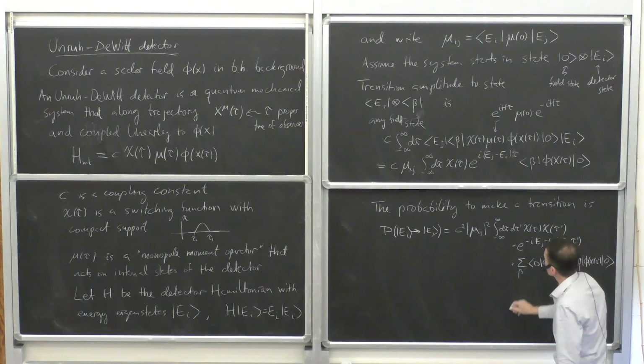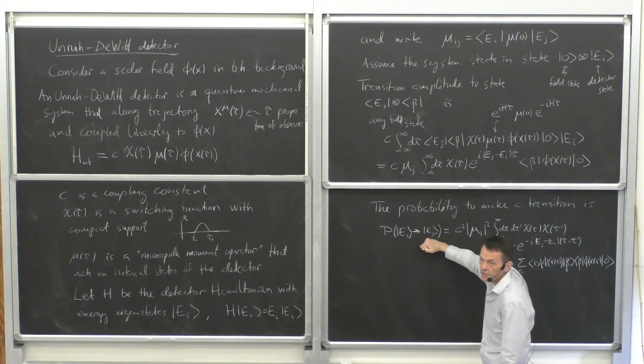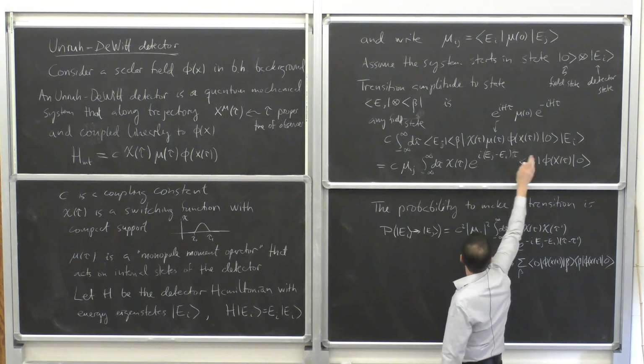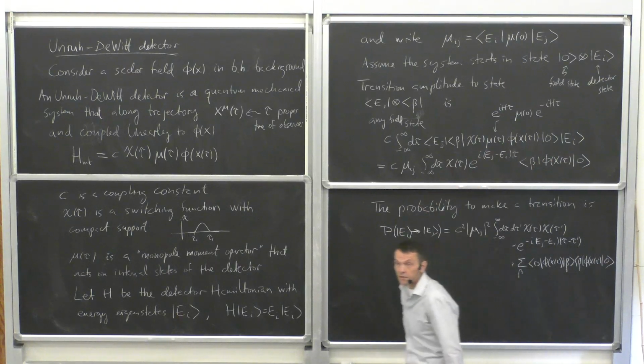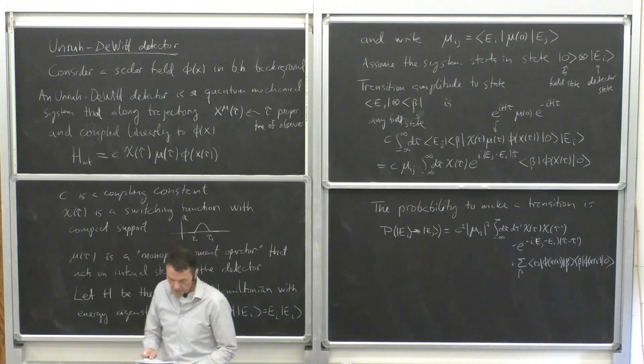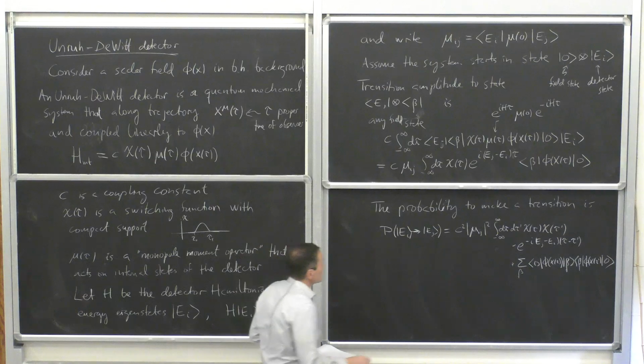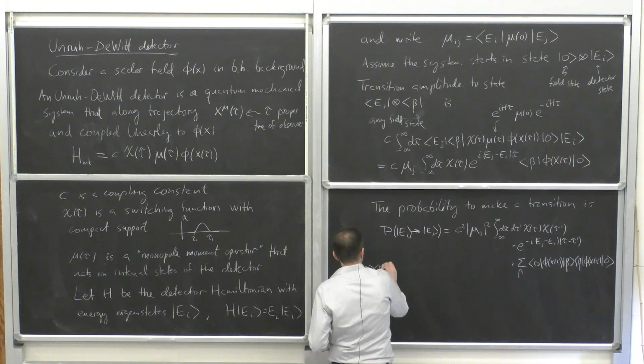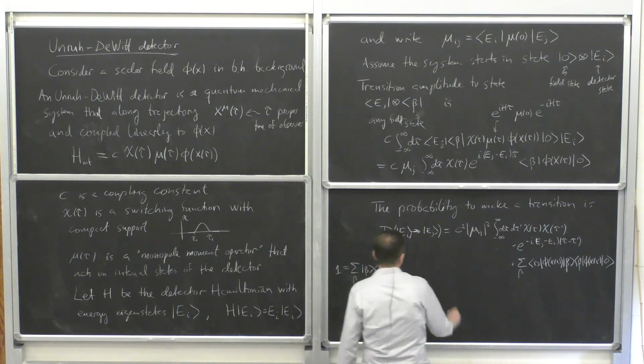Because I want the total probability of making this transition. Then I have to sum over the probabilities of making that transition and whatever transition the scalar field does, right? And then I can use that the sum over beta is, of course, the unit operator.